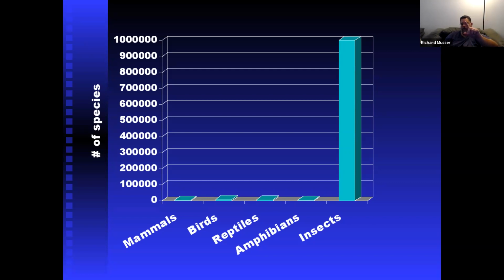Now, that doesn't mean that there aren't other types of animals that are very diverse too. Nematodes is an example. Those are roundworms. These are a type of arthropod that would be very abundant and have lots of different species as well. So invertebrates in general are the most common animals on Earth, and insects in particular, albeit mostly they're terrestrial animals.